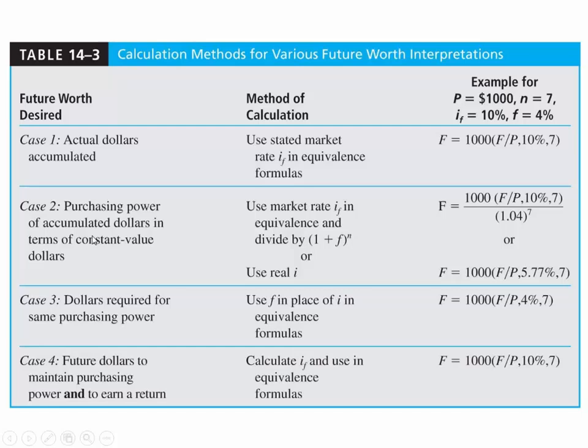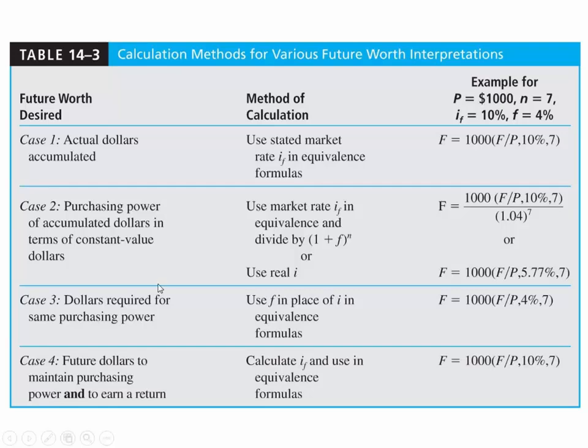All right. Case two is a little bit more complicated because you're trying to find out what is the purchasing power of the dollars. And purchasing power takes into account how much it would be worth in today's terms. And so you're trying to find out, was there a real increase in the amount?